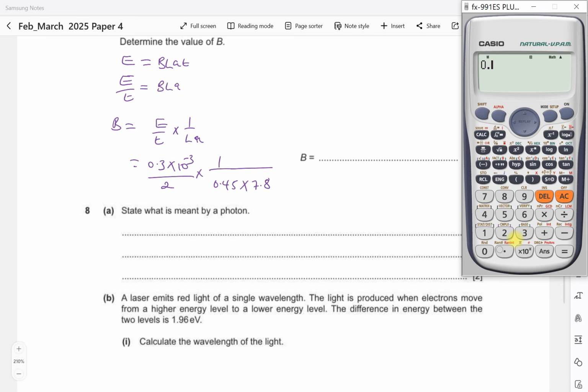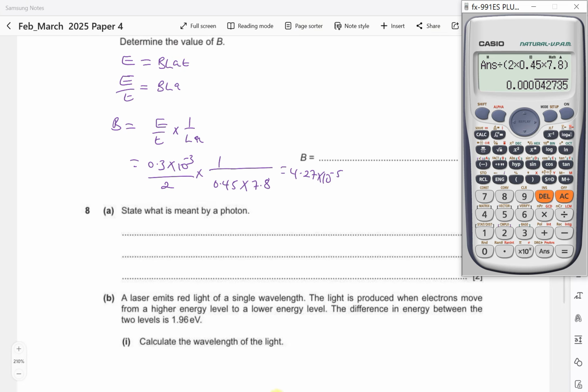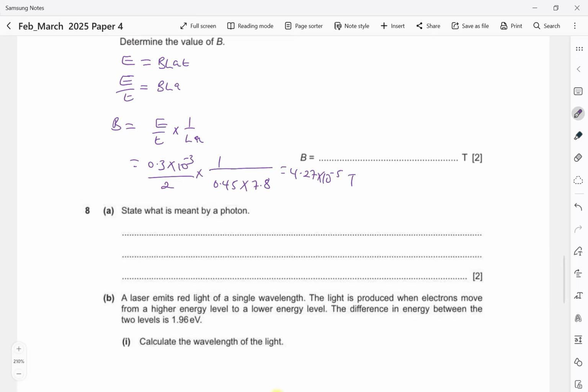So we have 0.3 times 10 to the minus 3 divided by 2 times 0.45 times 7.8. So that is 4.27 times 10 to the power of minus 5 tesla. So the answer here is approximately 4.3 times 10 to the power of minus 5.